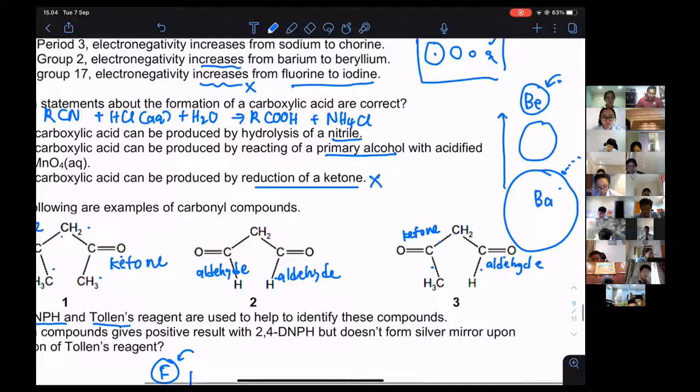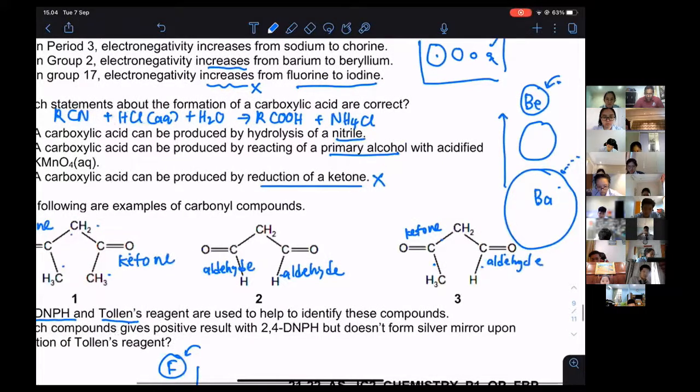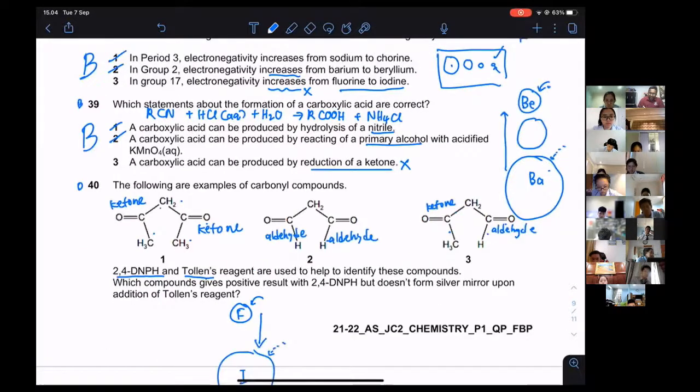Now, which compound gives you positive results with 2,4-DNPH? All of them: ketone, aldehyde, ketone, aldehyde. All carbonyl compounds will give you positive results. But it does not form a silver mirror upon addition of Tollens' reagent. Now, silver mirror means if you have aldehyde, then they will give you silver mirror.